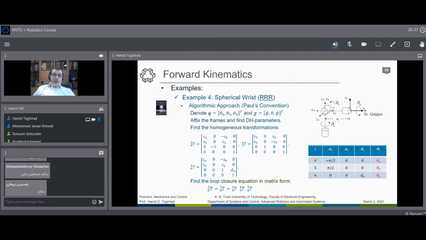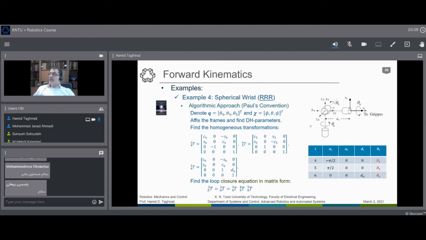So as you will see here, in terms of different approaches that we can use, let's find the Denavit-Hartenberg parameters, the frame assignment. As I mentioned, the Z-axes are always the axes of rotation. So we have an axis of rotation, in this particular case we call it Z3.